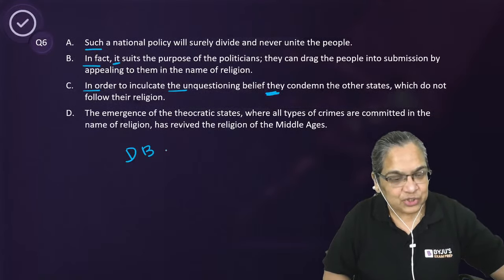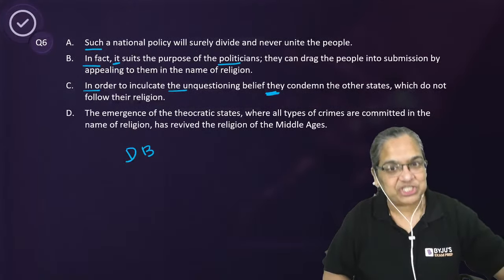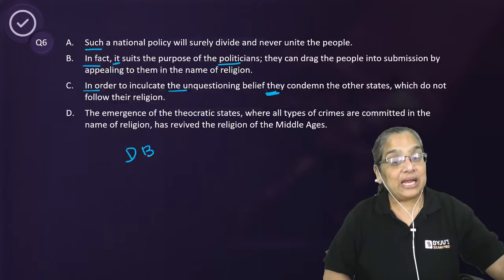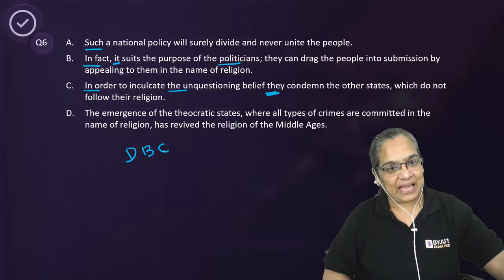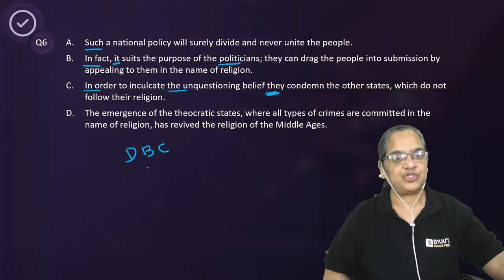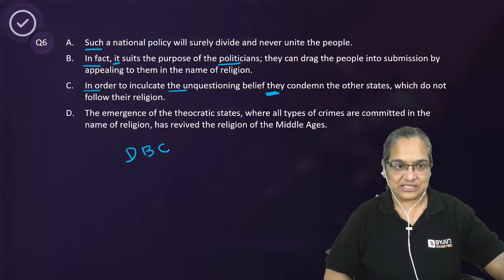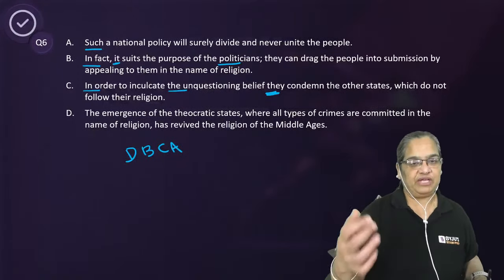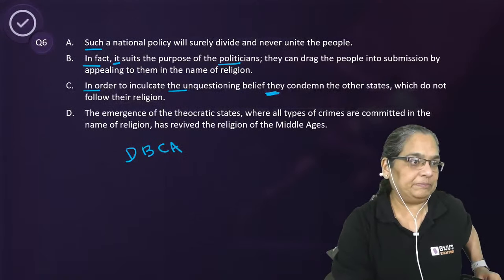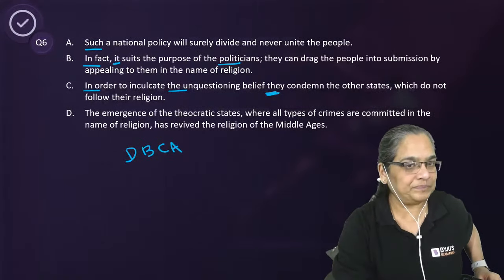In fact, it suits the purpose of the politicians if they can drag people into submission in order to inculcate the unquestioning belief. They, the politicians, condemn states which do not follow their religion, and such a national policy will only divide the people. Got it?